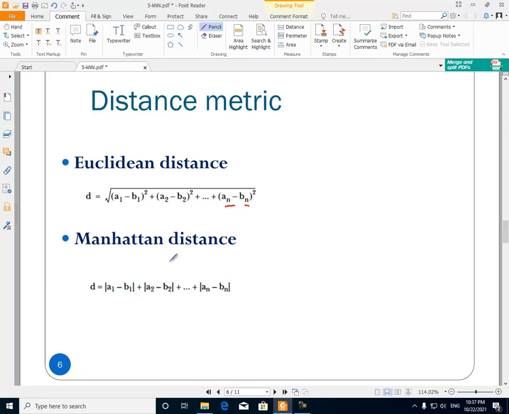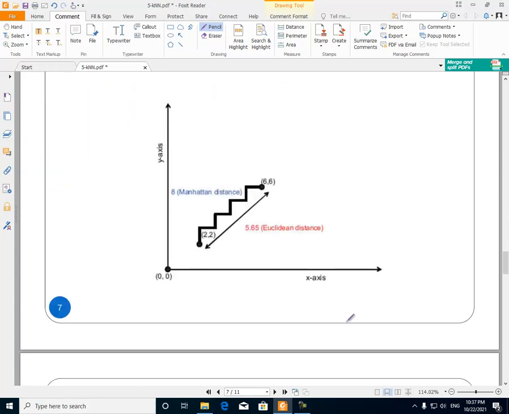And this is the formula of the Manhattan distance. As you see here, the Euclidean distance is the direct distance between 2 points, and the Manhattan distance is like this.